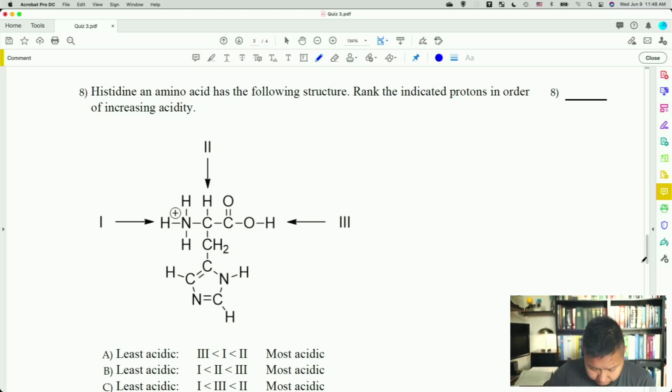So this right here is a carboxylic acid. Carboxylic acids have a pKa around 4 to 5.